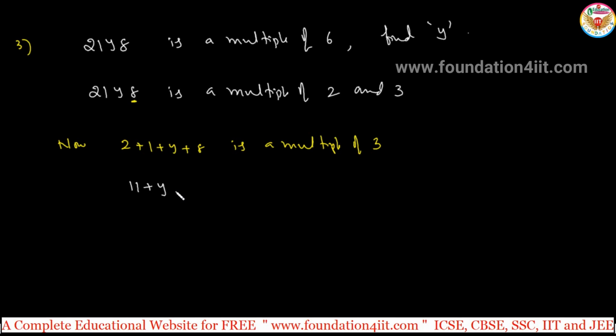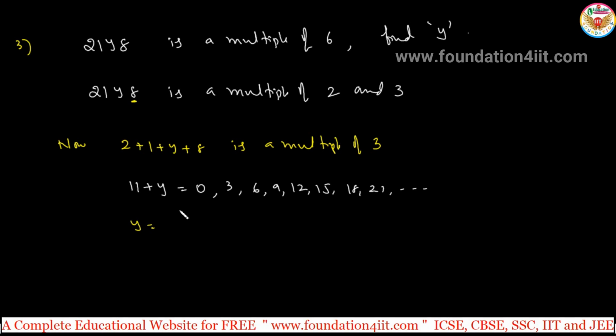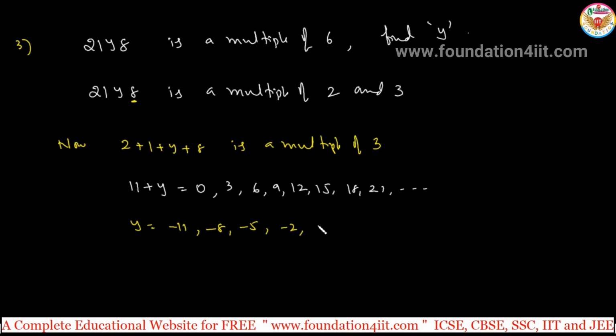So 11 plus y should be equal to 0, or 3, 6, 9, 12, 15, 18, 21. Instead of writing so many times, you can just keep dots. From this you can find the value of y. Y is equal to 0 minus 11, 3 minus 11, which is minus 8, then minus 5, minus 2, 1, 4, 7, 10, and so on.